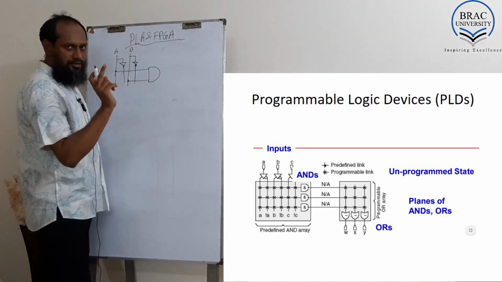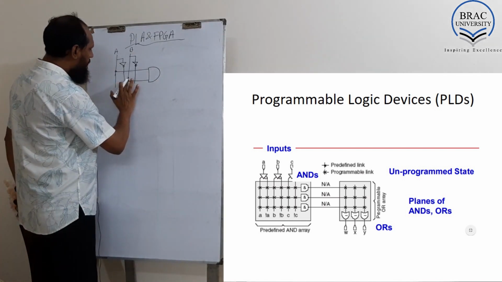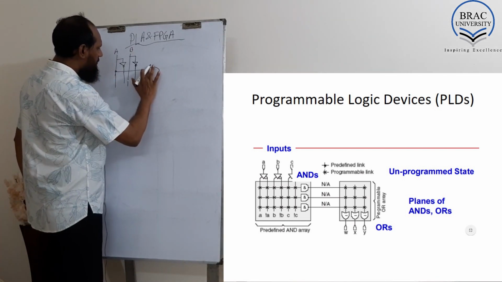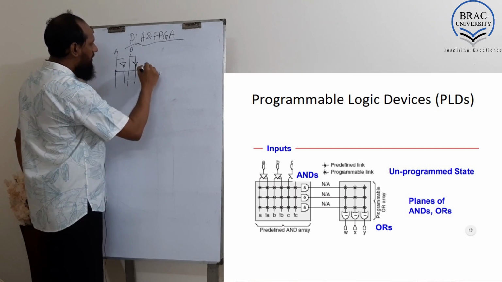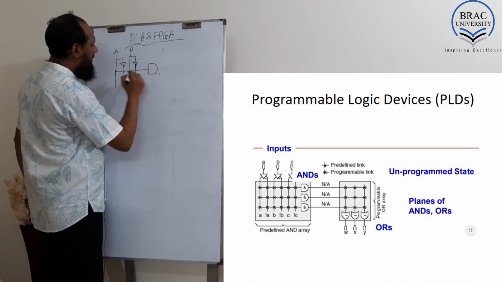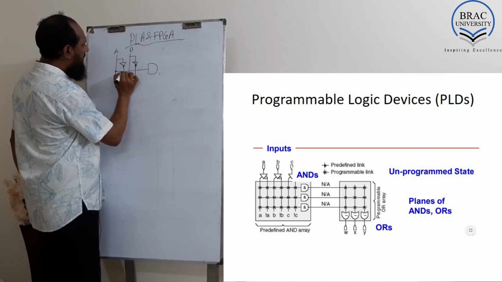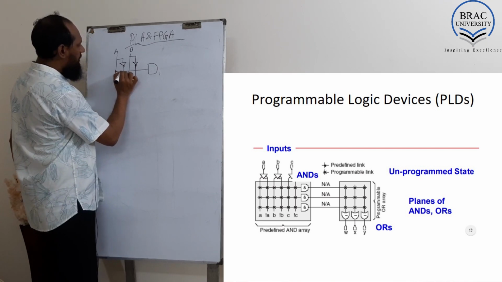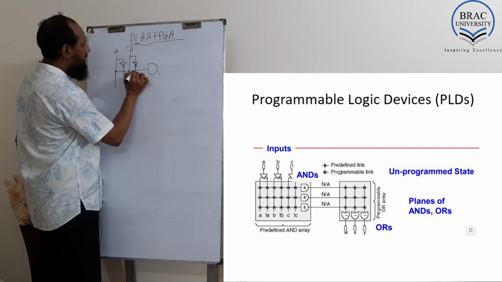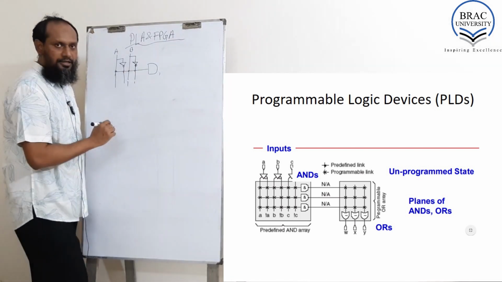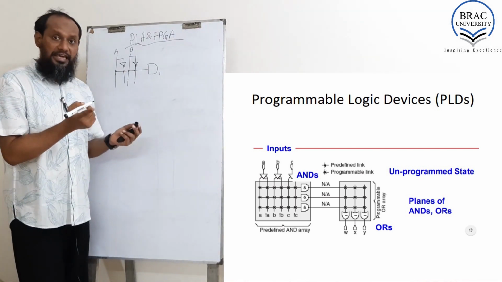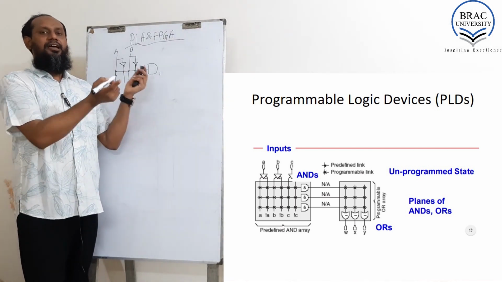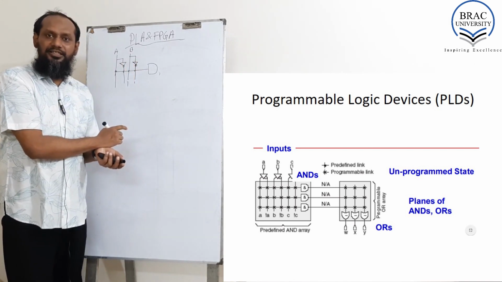In this figure it's showing it a bit differently, showing an AND gate with all the connections, one connection, another connection, another connection. The point is, we can program our connections.